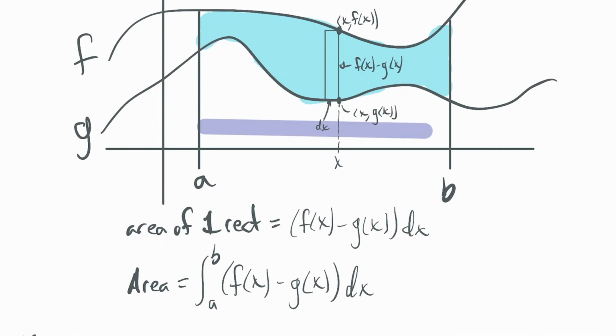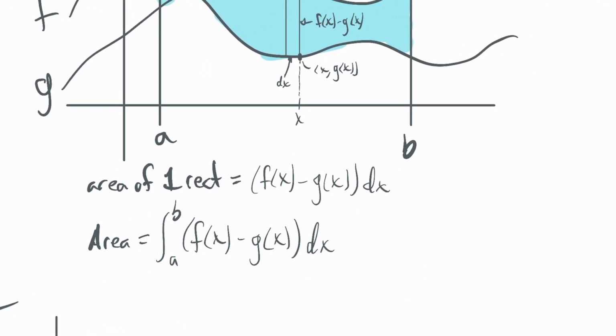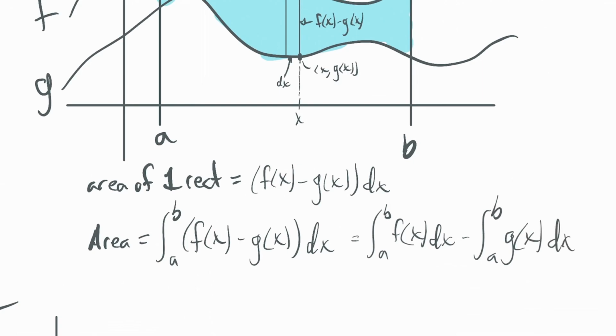So of course, this equals the integral from a to b of f of x dx minus the integral from a to b of g of x dx, if you just use the difference rule for definite integrals, which is inherited from the difference rule for antiderivatives.